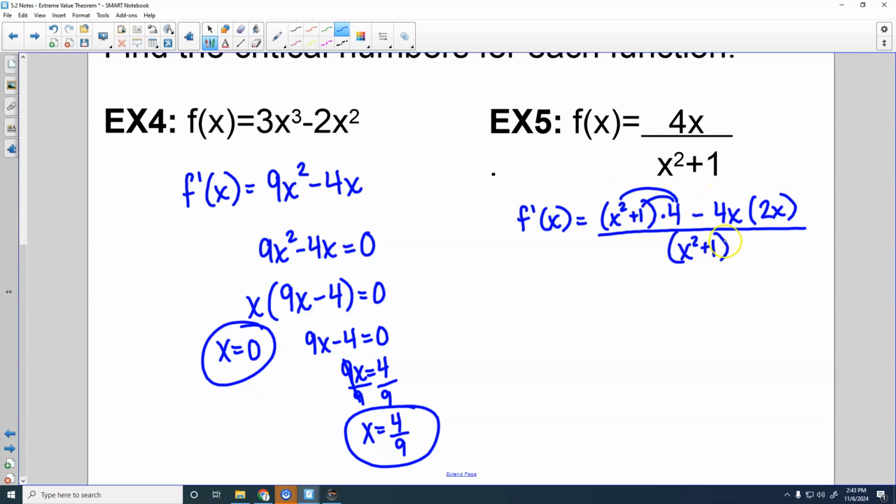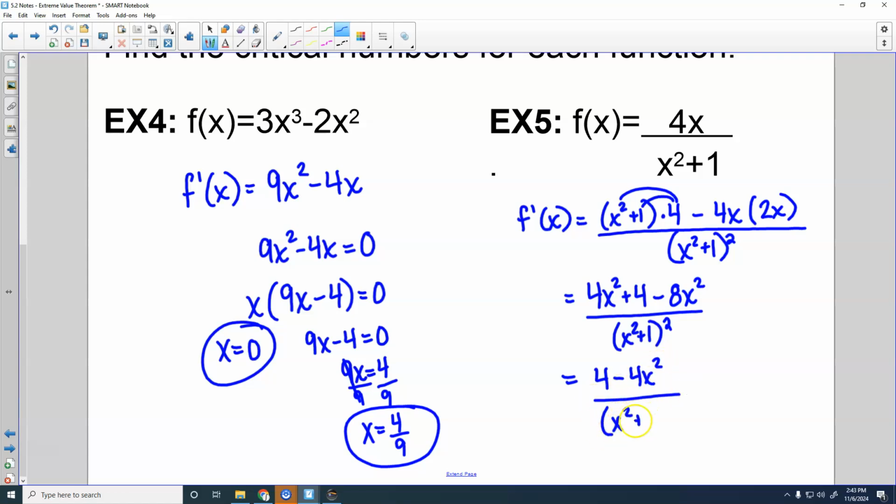So we will get 4x squared plus 4 minus 8x squared over x squared plus 1 squared. And so that'll be 4 minus 4x squared over x squared plus 1 squared. That's our derivative.